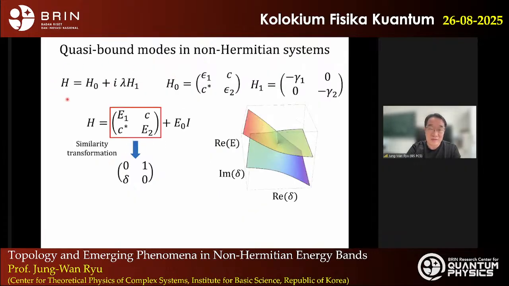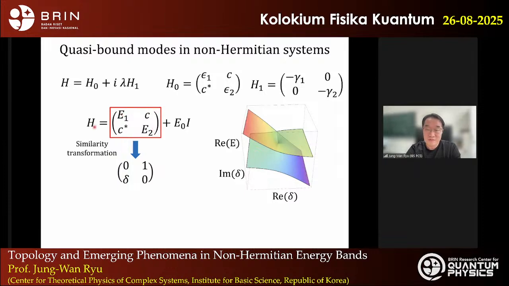If we have this kind of non-Hermitian effective Hamiltonian, we can rewrite it like this using the identity matrix, with complex energy values E1 and E2.